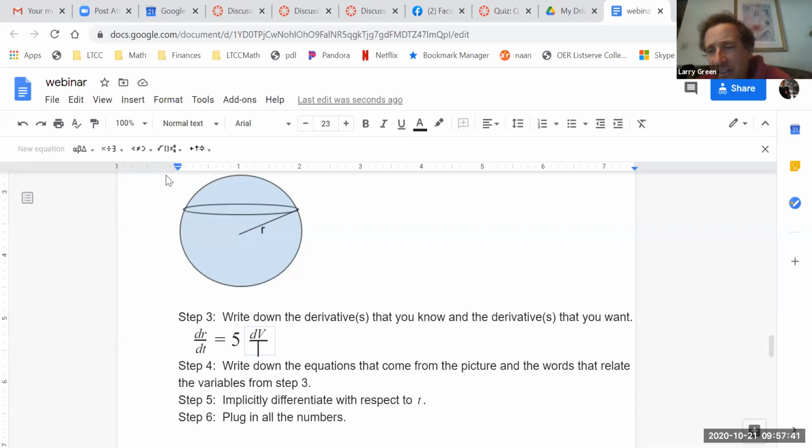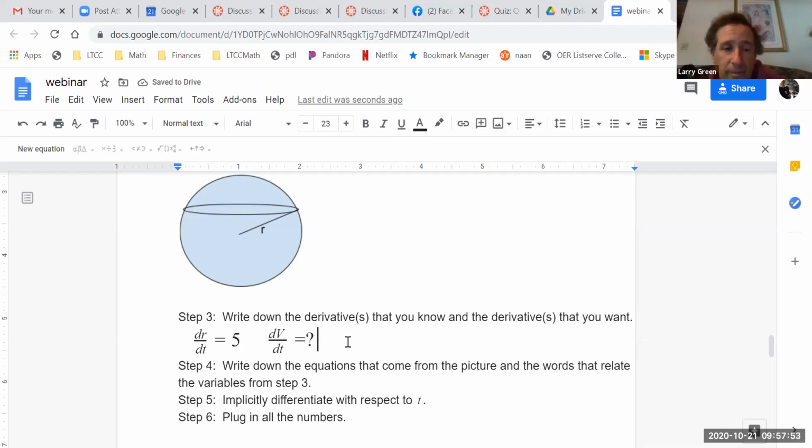Lowercase is usually restricted to vector, by the way. And that's what we don't know. Any questions on that?